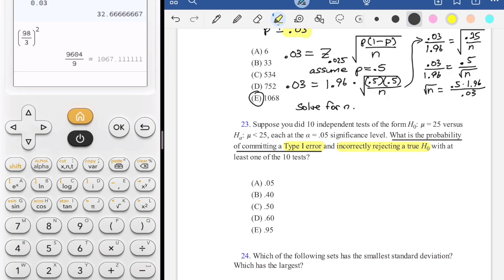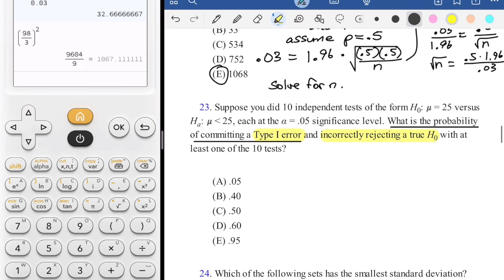Aside from that piece of information, they're asking what's the probability of getting a type 1 error in at least one of the 10 tests. So probability of at least one type 1 error.